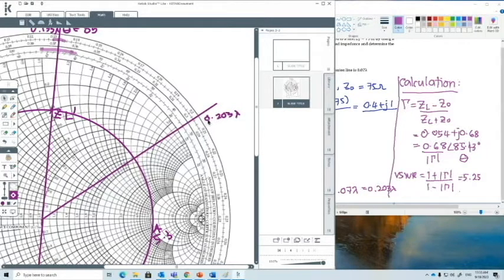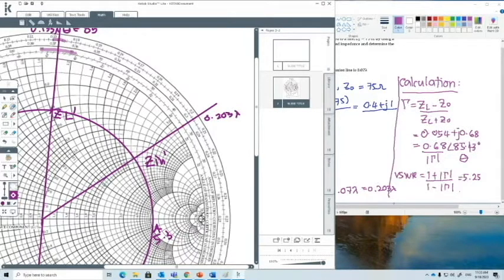So yang mana line 0.203 tadi yang intersect dengan VSWR circle, that is your Z in prime. So here is our Z in prime.